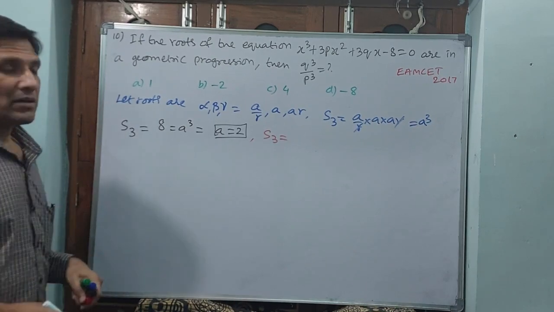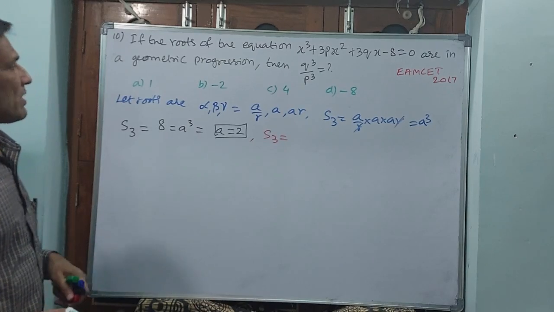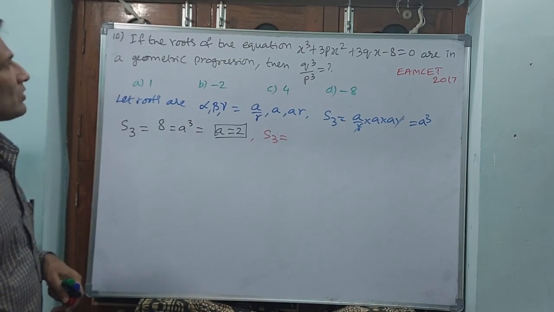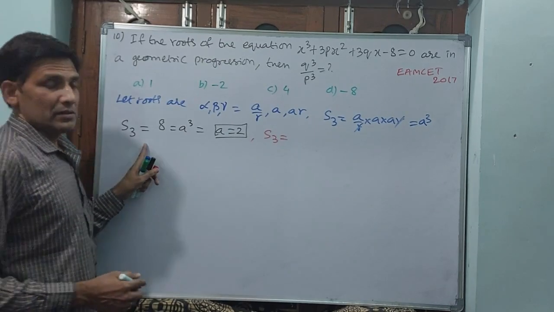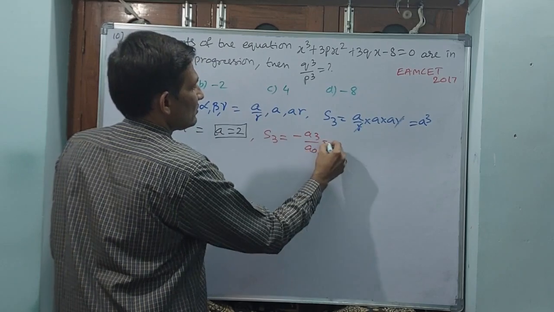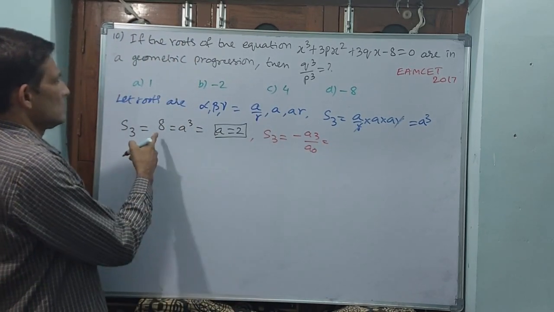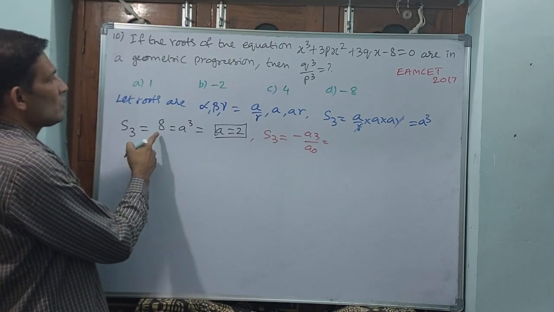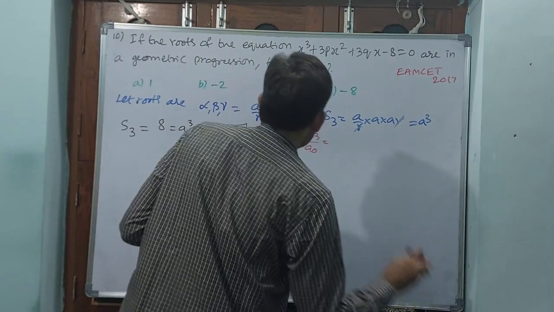Another way is alpha into beta into gamma. But A0 by A0, have I written that? No, not written. S3 is minus A3 by A0, and this one you have written. That is why we need not write this S3 again.